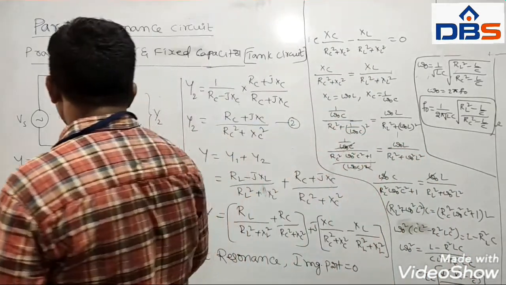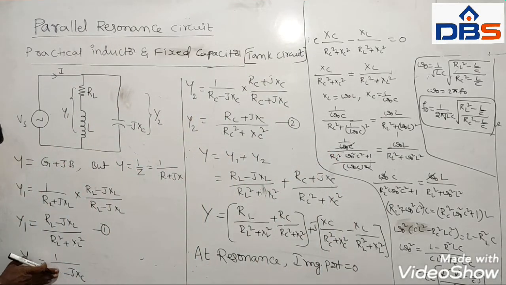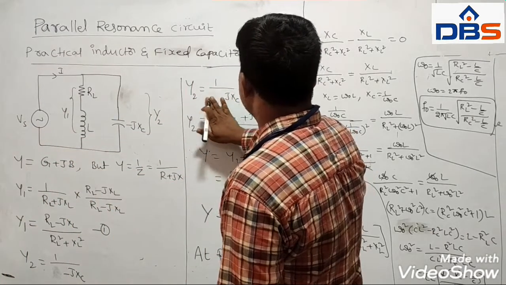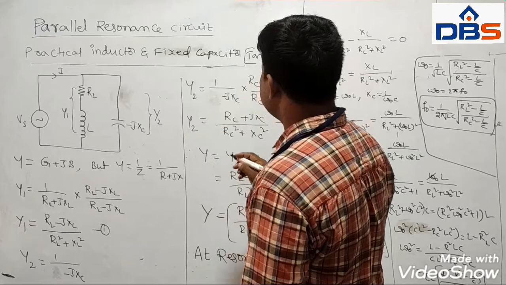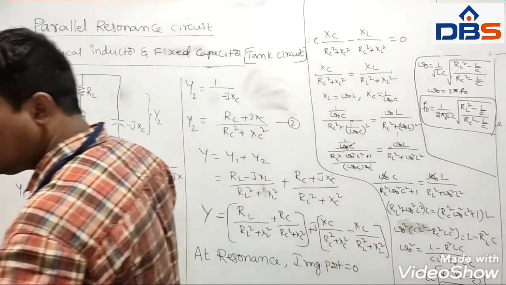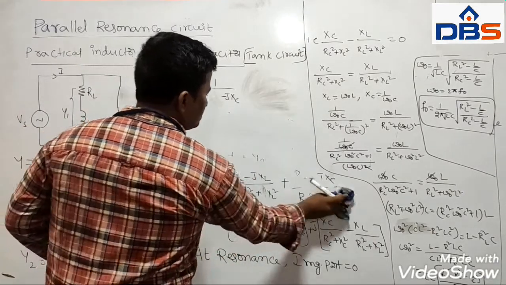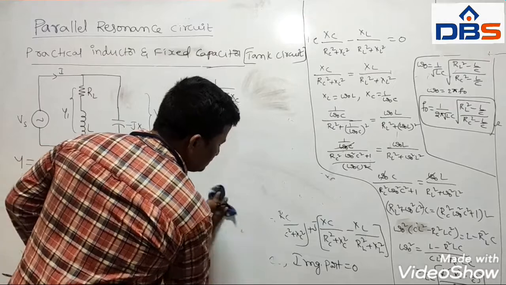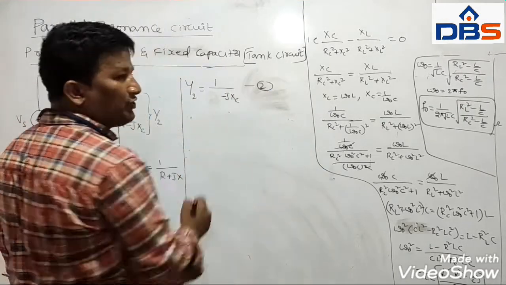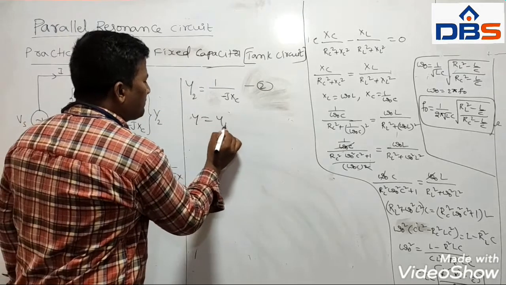Now coming to the second branch, only a fixed capacitor is there, so Y2 is equal to 1 by minus JXC. So this is equation 2. Now the total admittance is the sum of the individual branch admittances, that is Y equals Y1 plus Y2.